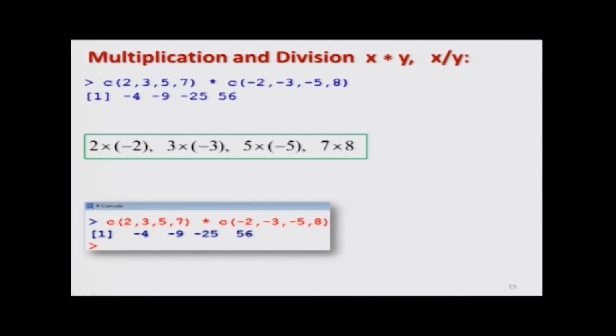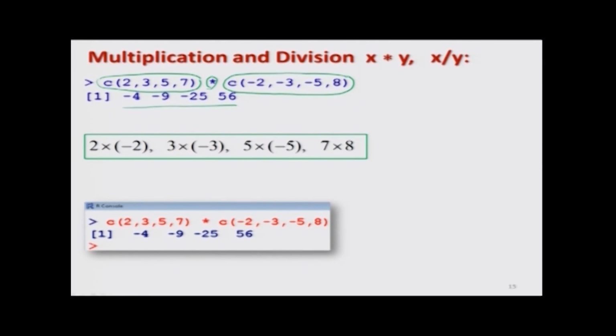Now, I have taken a vector of 4 values 2, 3, 5, 7 combined by the command c, and another vector of the values -2, -3, -5 and 8, and I am trying to multiply both these vectors. If you do so, the outcome will come like this. Each element is being multiplied by its respective position.